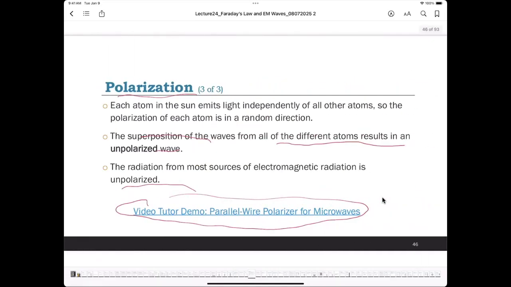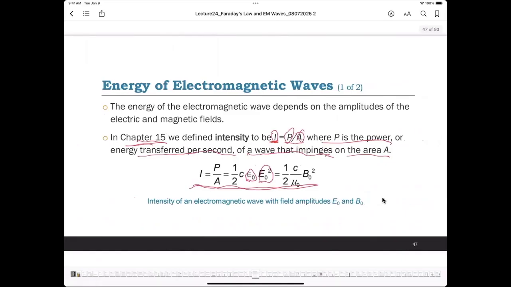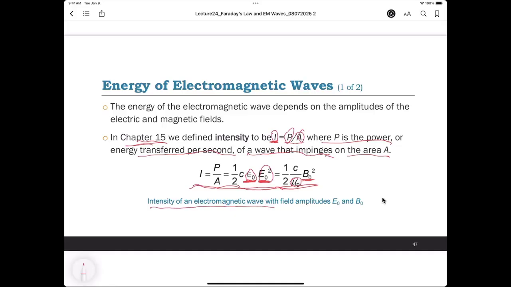So the intensity equals one half c times this constant times the maximum electric field squared, and also equals one half c divided by this constant times the maximum magnetic field squared. This is the intensity of an electromagnetic wave with field amplitudes E0 and B0.